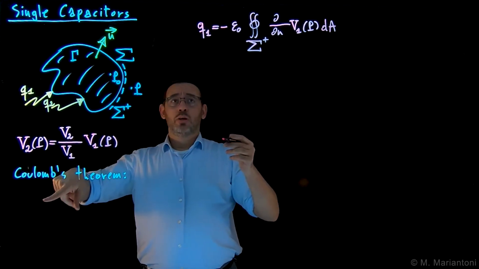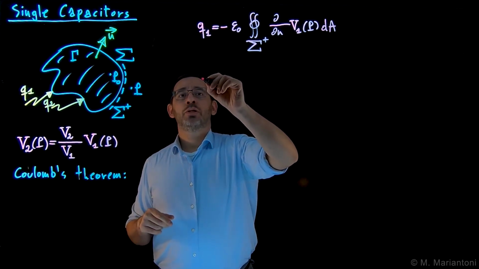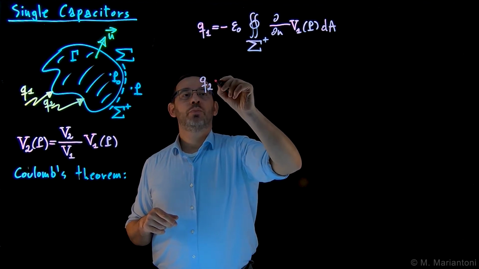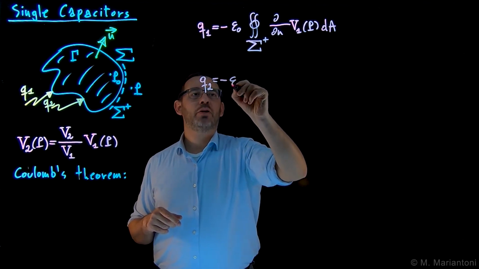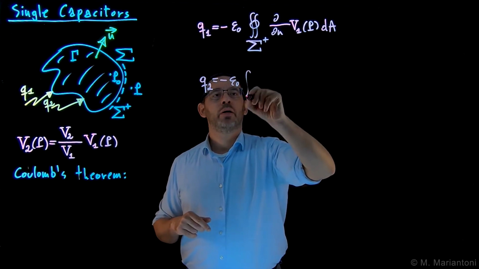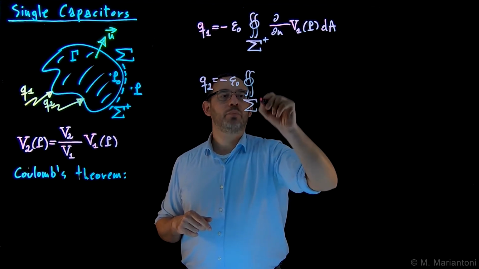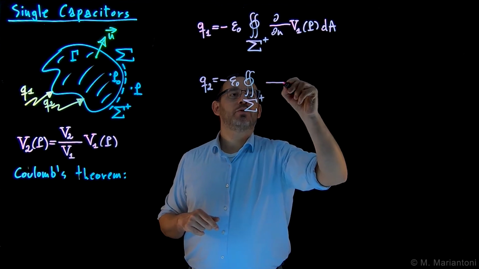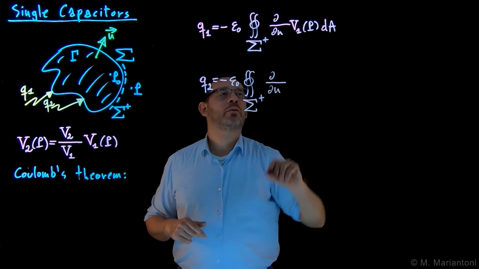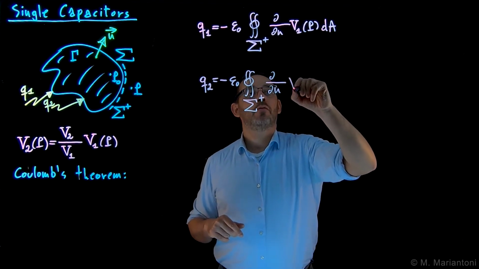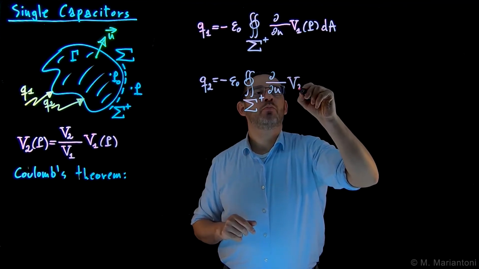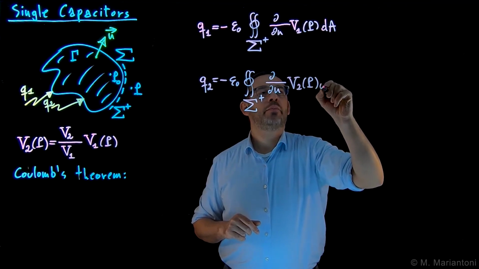Similarly, we can use Coulomb's theorem to compute the charge Q2, which is going to be equal to minus epsilon naught, again from Coulomb's theorem, the limiting integral on capital sigma plus, same as up here. And now we do the directional derivative again with respect to n, of the potential of Q2, so it's going to be V2 at point capital P dA.